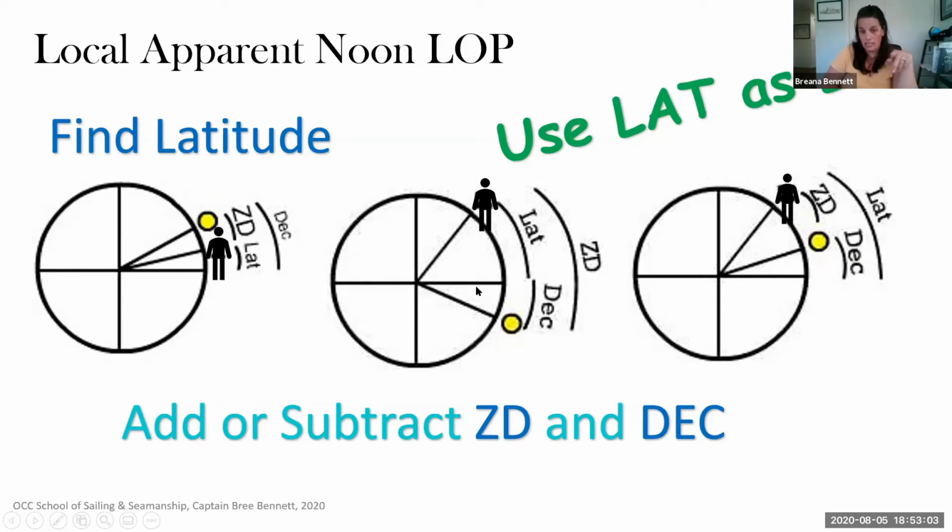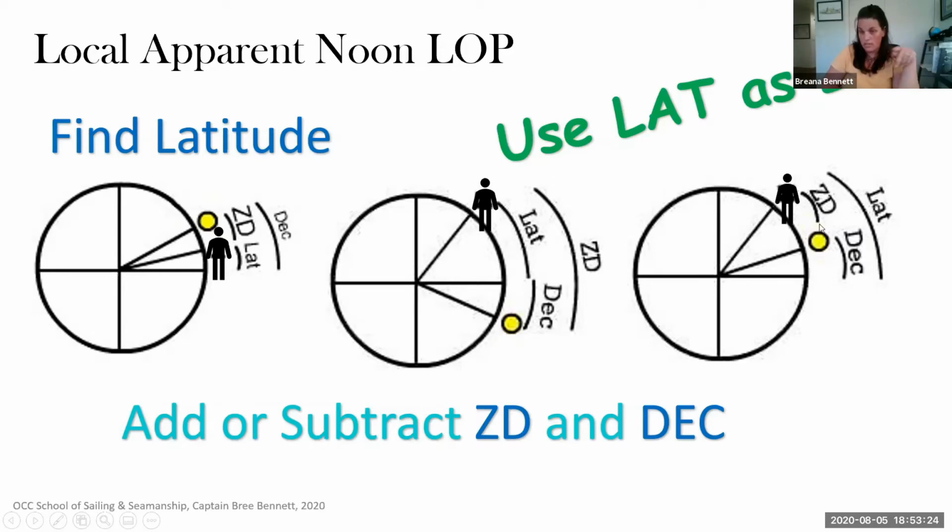In this case, if I'm in the northern hemisphere, the sun is in the southern hemisphere, because that's what declination is. To get my latitude, I'm going to have ZD subtract my declination, and I'm left with latitude.